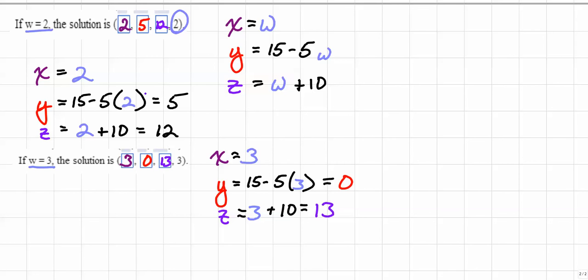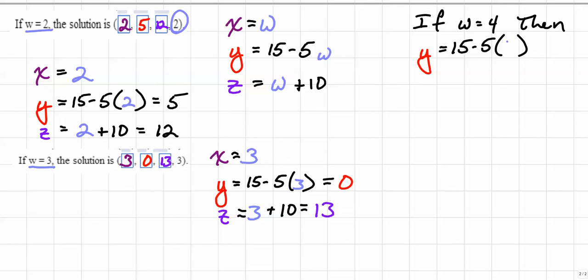Of course, the question follows, why couldn't W be equal to 4? Well, in the case of if W equaled 4, then Y, which would be equal to 15 minus 5 times W, which happened to be 4 in this case, would be equal to a negative 5.